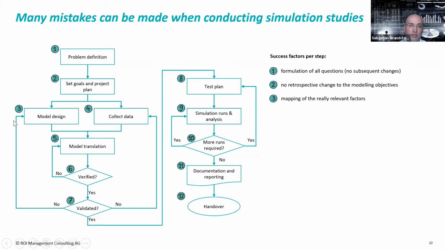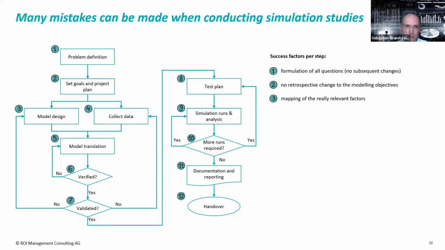One lever where you can really save a lot of money and time is the model design. That means you map only the really relevant factors. And this is something I always put emphasis on, because you cannot create a whole digital twin of a factory with all aspects in a feasible time. But it's not always necessary. So it always depends on the question what you have to model and what you can disregard.